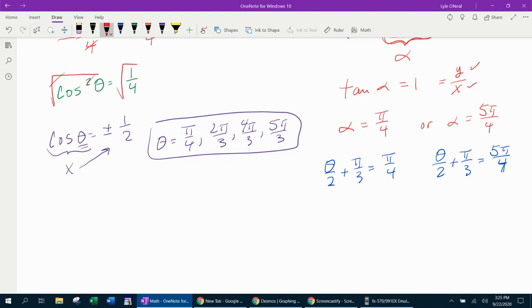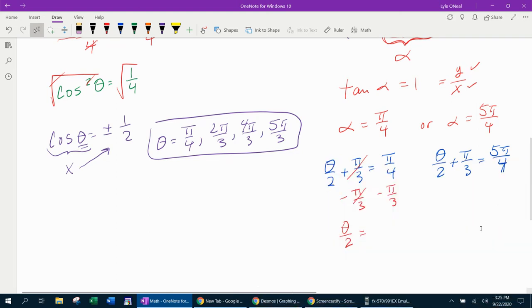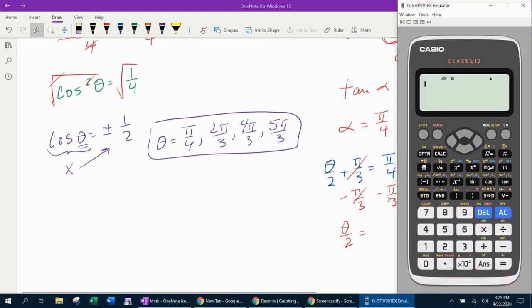Doing the math, solving for theta. We're going to need to subtract pi over 3 from both sides. And so that's going to give me theta over 2 equals, what is pi over 4 minus pi over 3? Well, we're going to pull up our handy-dandy calculator and figure that out.